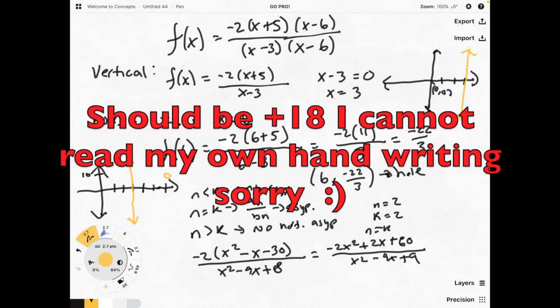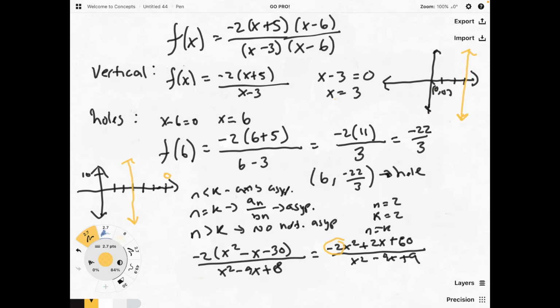Taking the leading coefficient of our numerator and the leading coefficient of our denominator, which in this case is a 1, then all we need to do is -2 divided by 1, and this is equal to -2, and this is our horizontal asymptote.